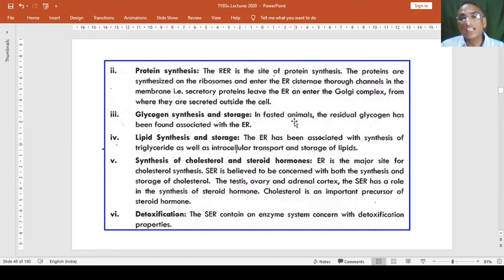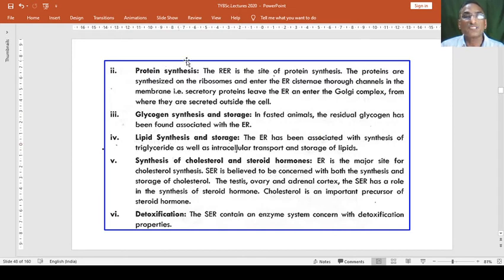In fasted animals, the residual glycogen has been found associated with the endoplasmic reticulum. So one of the main functions of ER is during fasting, whenever the food is not there in the body, the glycogen synthesis occurs. Fourth function is lipid synthesis and storage.